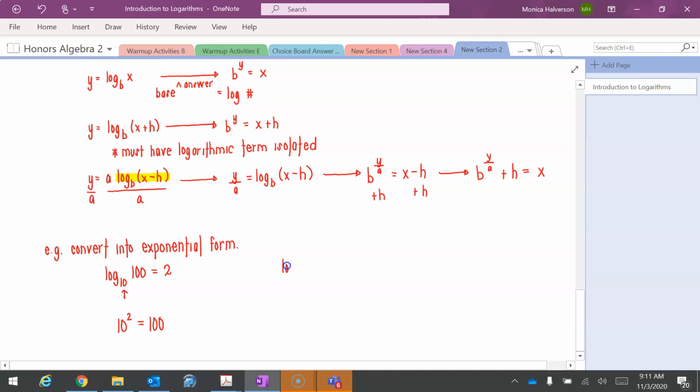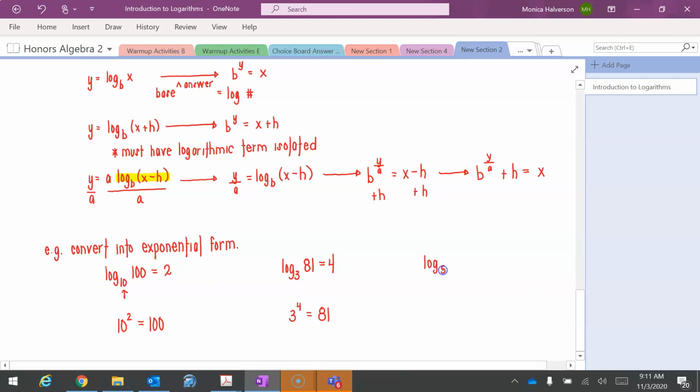Okay? Let's try this one. Log base 3, 81 equals 4. The base is 3, being raised to the answer of 4, equaling the logarithmic number 81. Go ahead and do this one on your own.